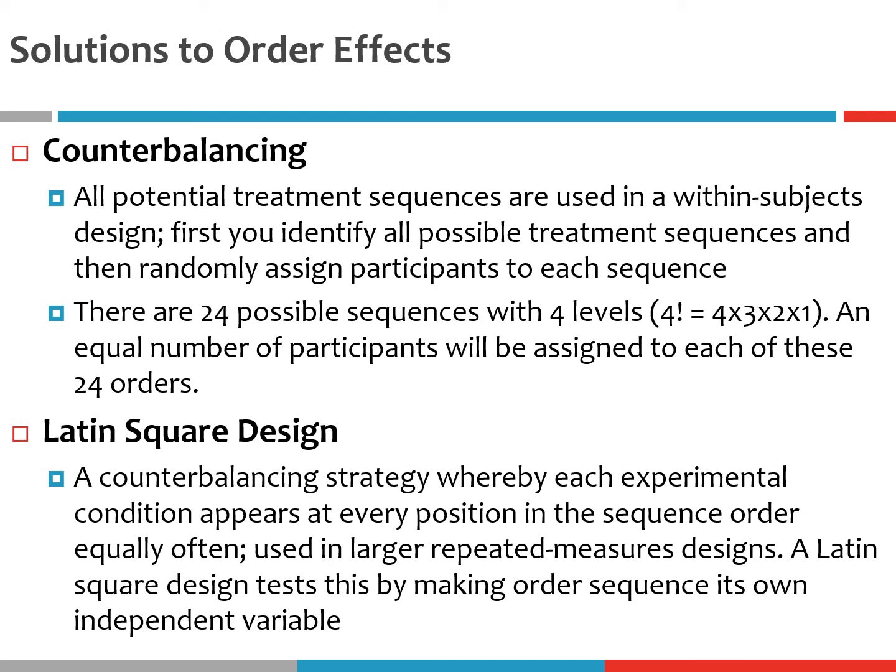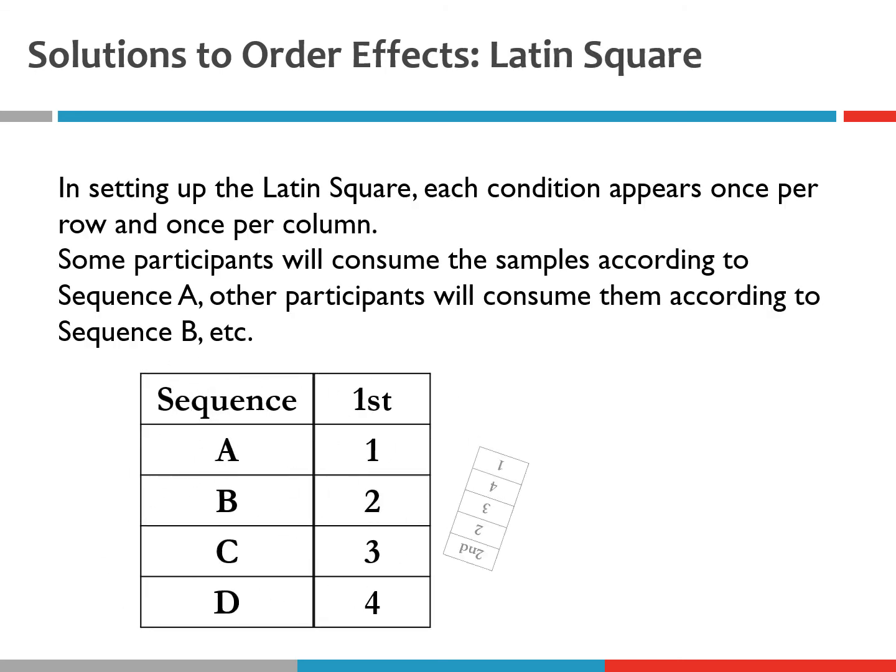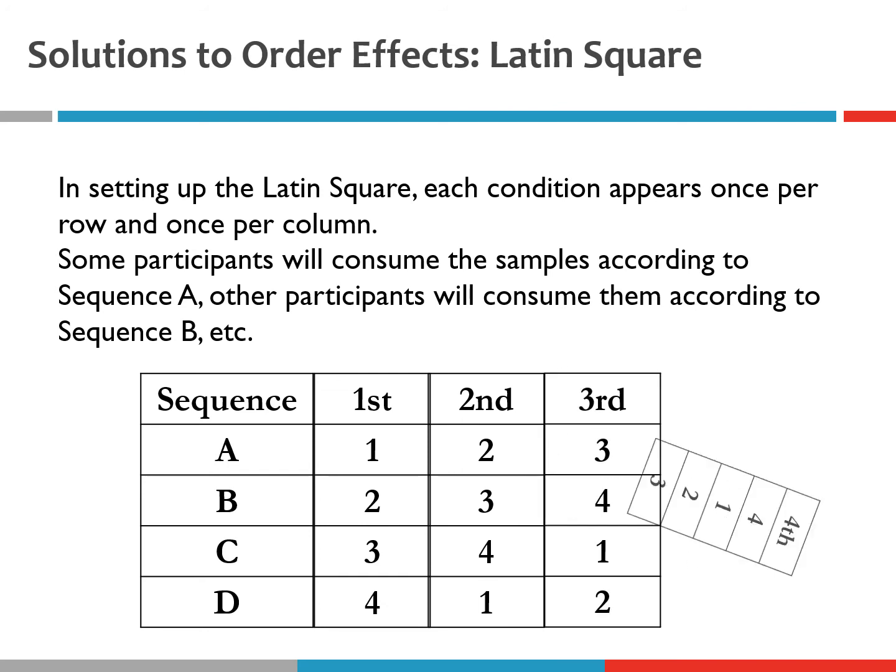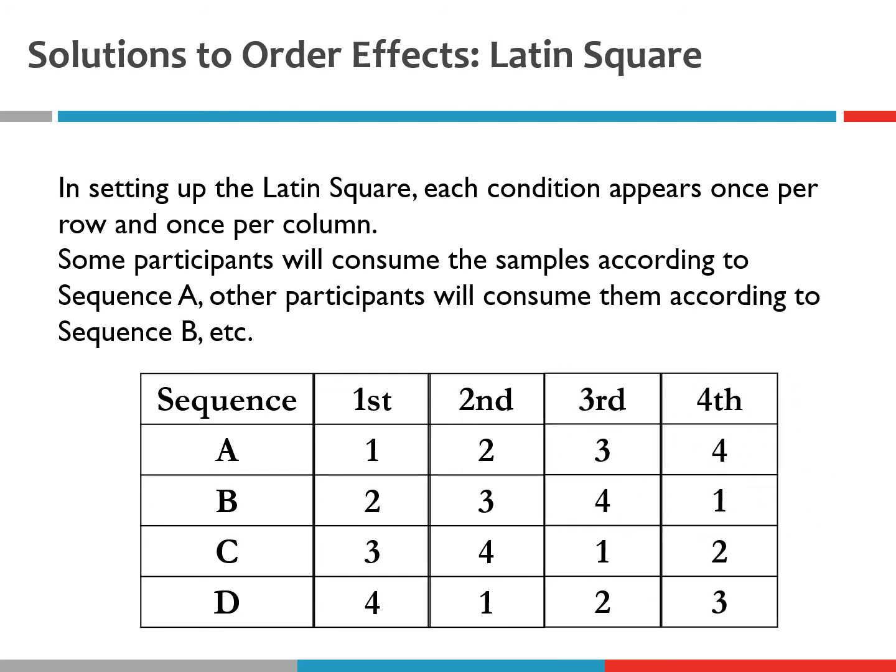And think of the Latin square design as Sudoku. Here's your Sudoku. Have you ever done Sudoku? It's that crossword thing with numbers. I had a book that someone gave to me as a gift at one point. And one day I just opened it up, I started doing it. And there are different levels of difficulty.